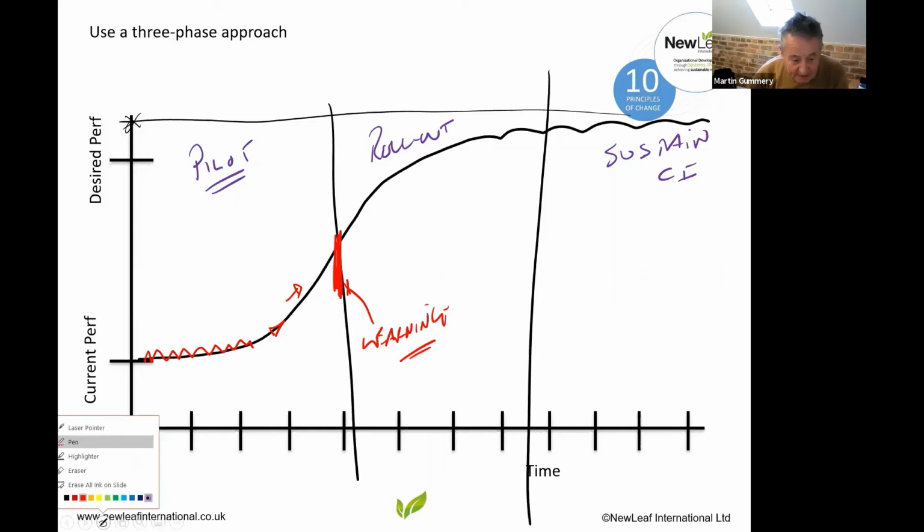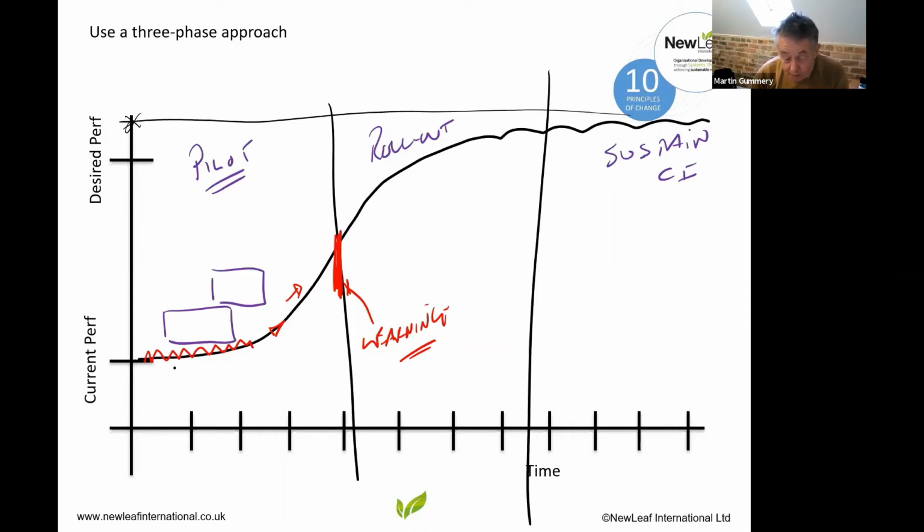And instead of going gung-ho right across the business, there's a breakdown of certain elements of the business. So there's an improvement program in the pilot phase. Sometimes there may be two improvement programs in the pilot phase. But when you get to rollout, you take all the learning from that time in pilot and you reapply it.